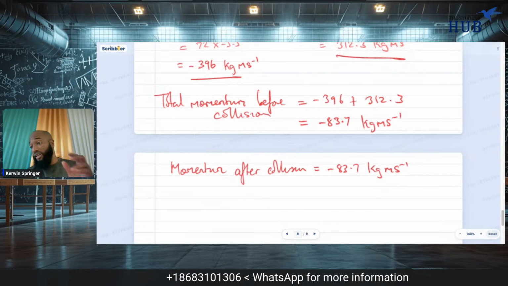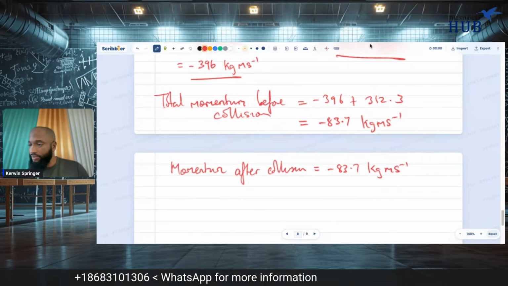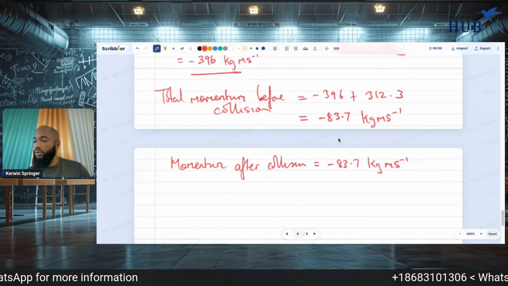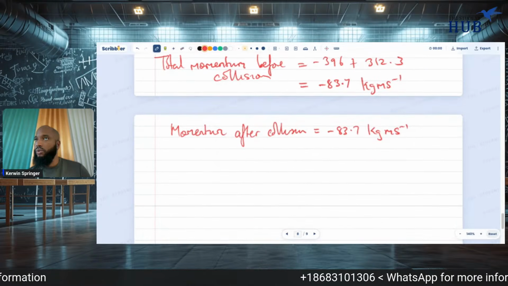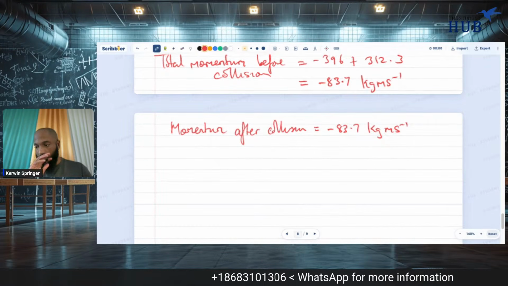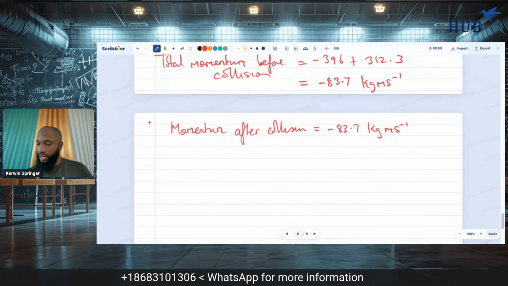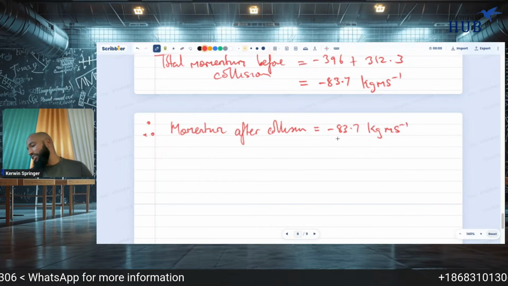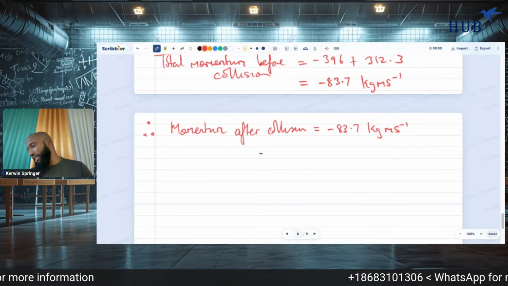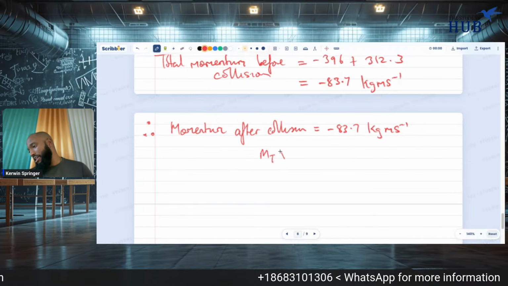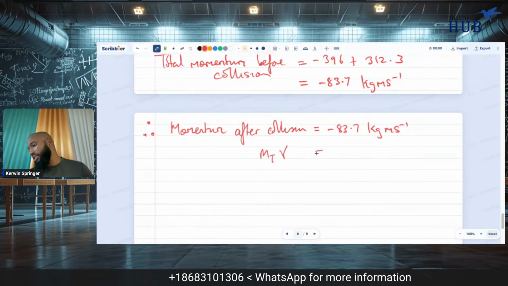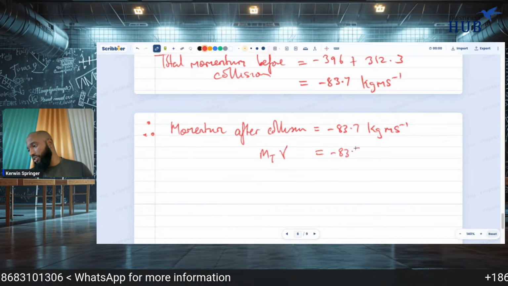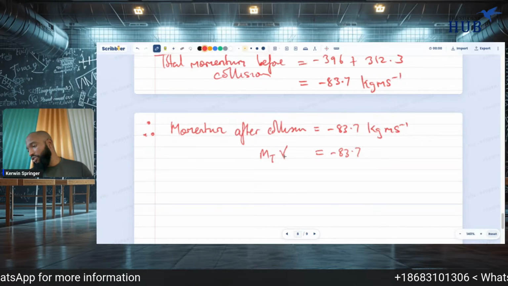How do we work out the velocity? Well, we agree that the momentum after collision is equal to the momentum before. But we need an equation. So we need MT times V is equal to this negative 83.7. This is the V we're trying to find.